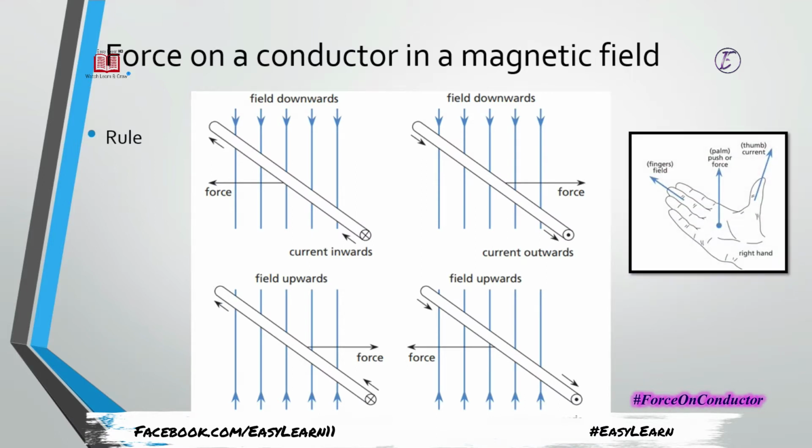Just take a look at this example. For example, current is flowing towards this side. Suppose, according to the conventional current, positive is here and negative is at the other end. Current flows this way, the field is downward, and we make sure our fingers point in the direction of the field, downward.